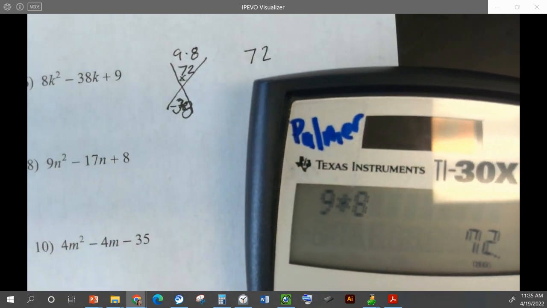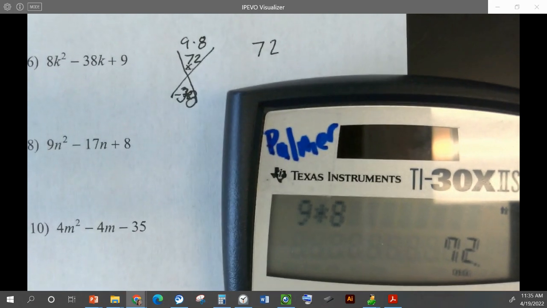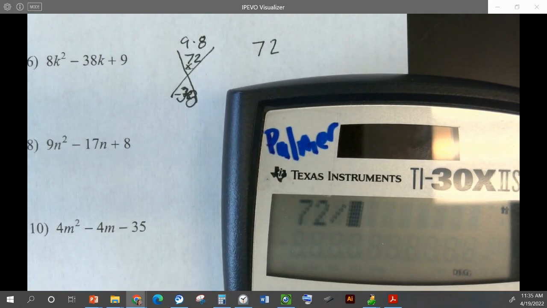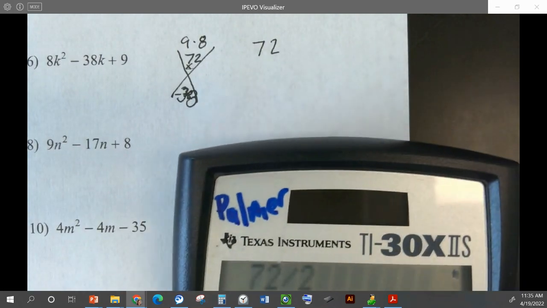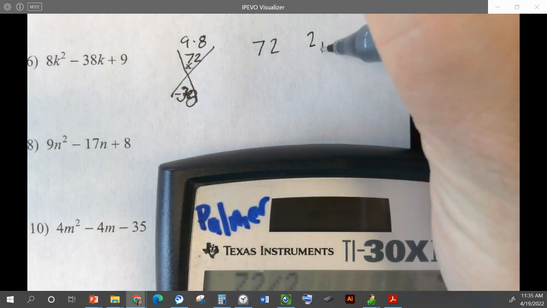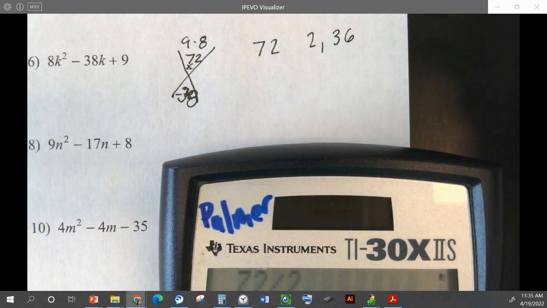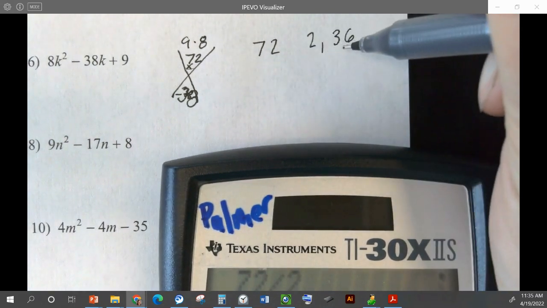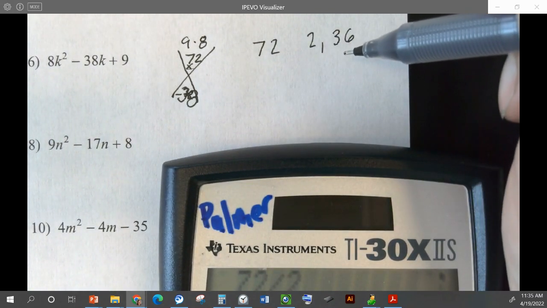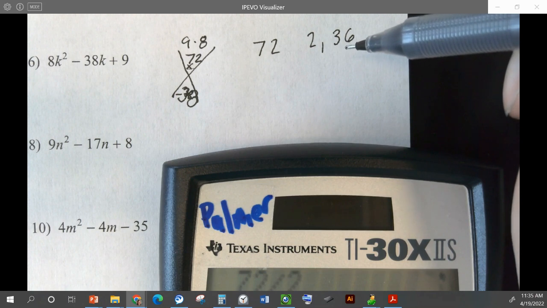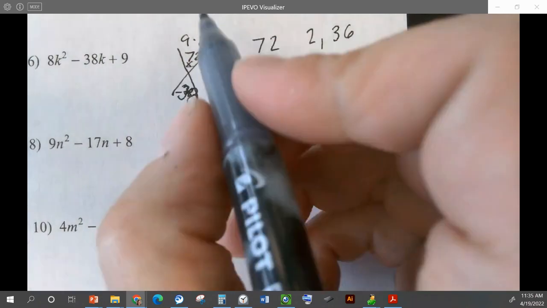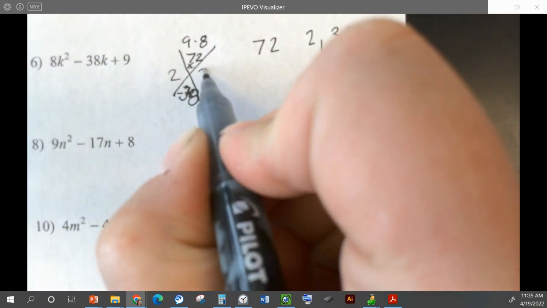Okay, if you don't know them, I don't know them, I'm just going to start dividing. So 72 divided by 2, that's 36. So 2 and 36. Is that going to work? Or will these add up to 38? Yeah, so we can use that. We can go right from there, 2 and 36.